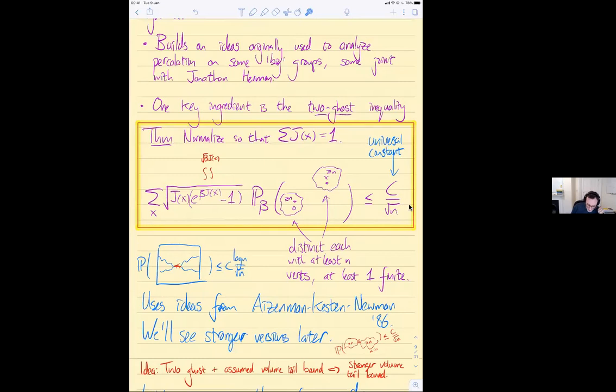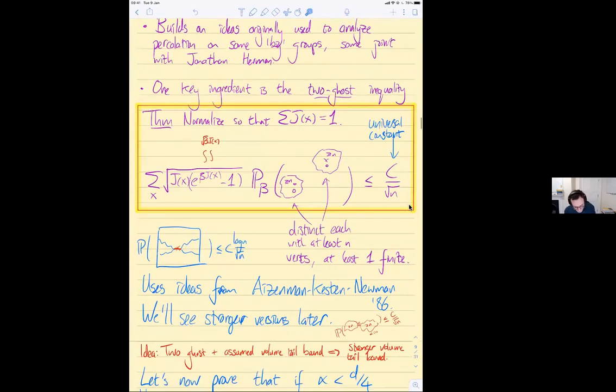If I sum over all vertices in the lattice, multiplying each one by this prefactor, which is roughly root beta and jx, then what I get is bounded by a constant over root n.